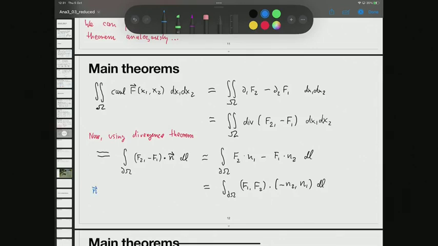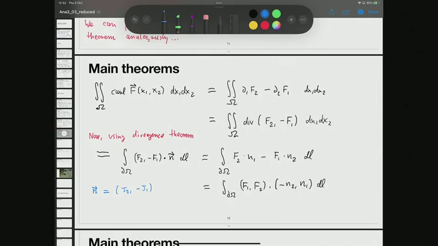We know that the outer unit normal can be written in terms of the tangent. I mean the outer unit normal is obtained from the tangent just by rotating clockwise 90 degrees. That means the tangent can be obtained from the outer unit normal by rotating in the opposite direction.